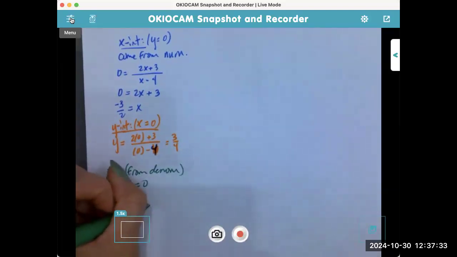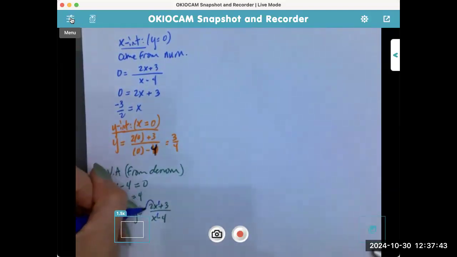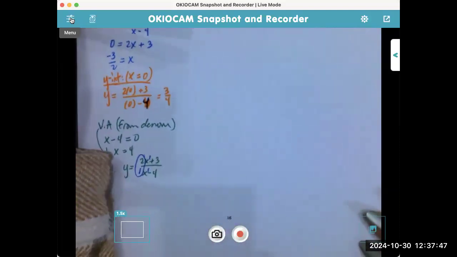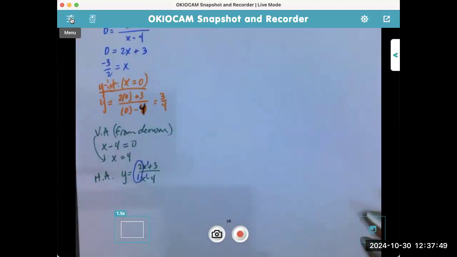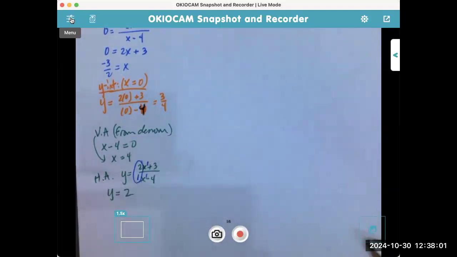So if the equation is y equals 2x plus 3 over x minus 4, you have an invisible 1 and an invisible 1 for the degrees, so they're the same. So you take the ratio of the leading coefficients. And again, I'm sorry, that's just the definition you will have to put on your note card. So our horizontal asymptote is y equaling 2, because you have 2 over 1.